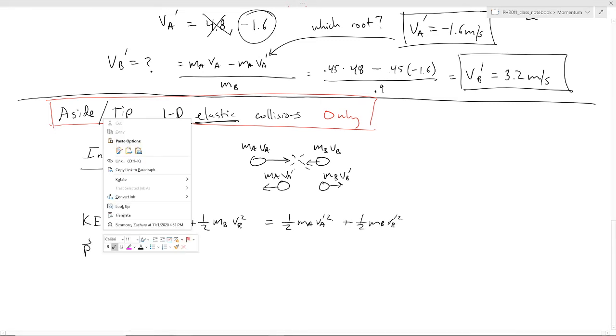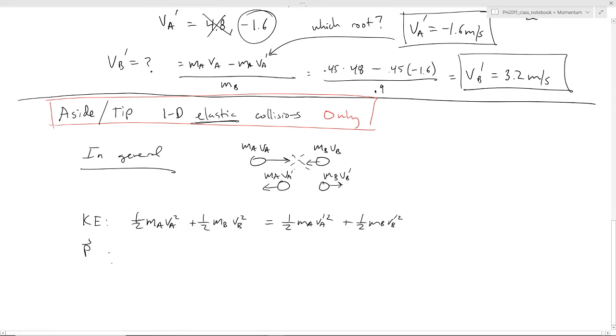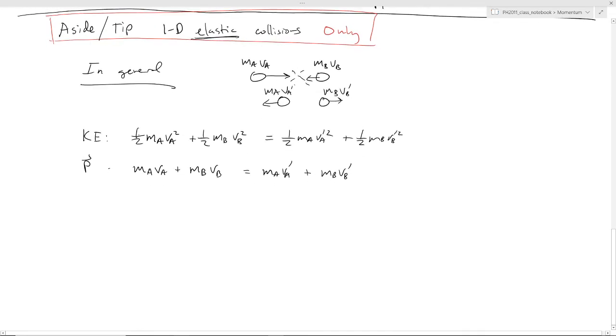And from momentum, you're going to have the fact that MA VA plus MB VB equals MA VA prime plus MB VB prime. So this is basically the general solution. Let's see if we can come up with something by looking at these general expressions. So basically we have two equations again.